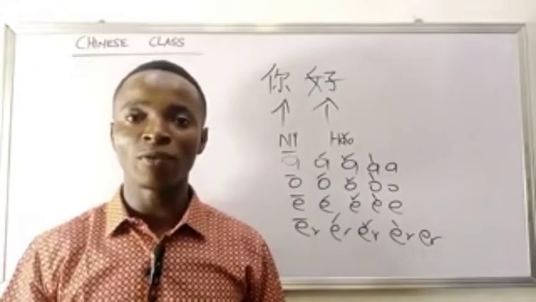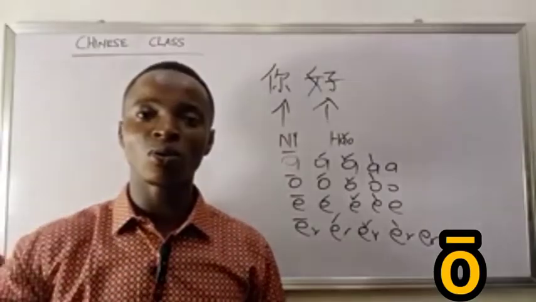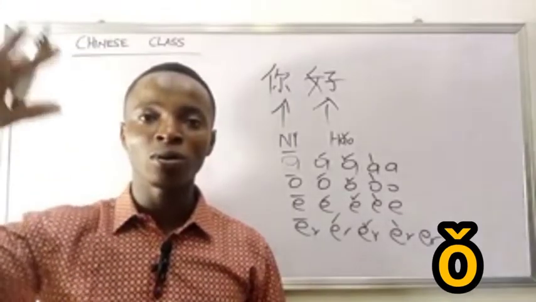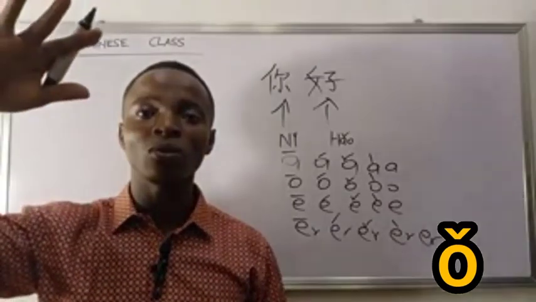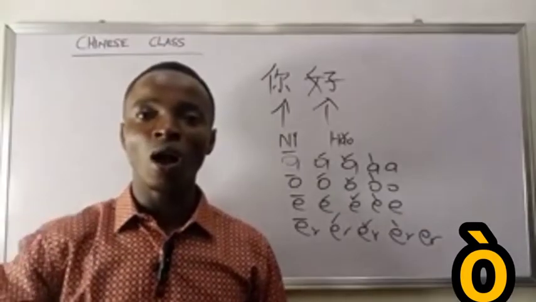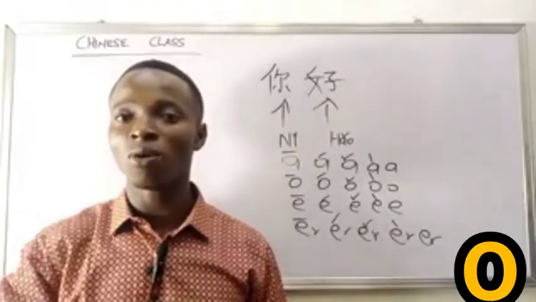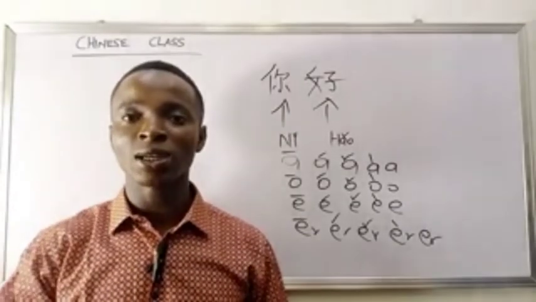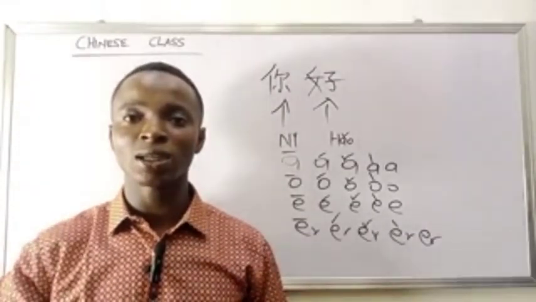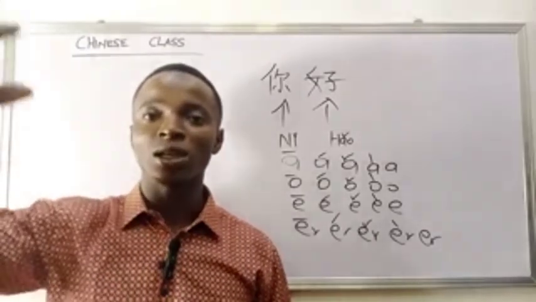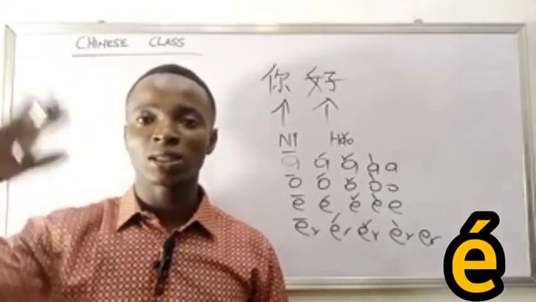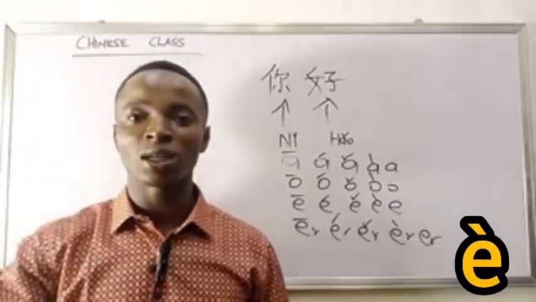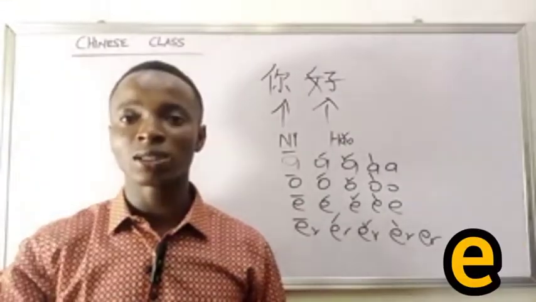The second one is o. The next part we have is e.